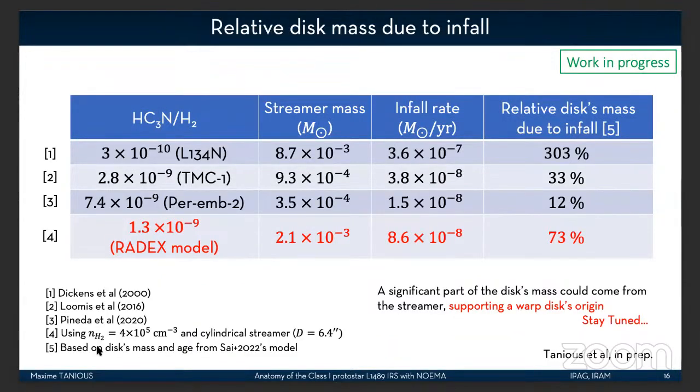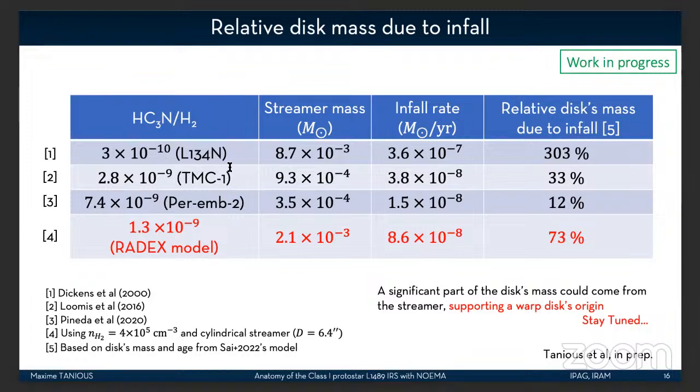And actually, the plot that I've shown you earlier is based on the literature's parameters. So the abundance is varying from 10 to the minus 10 to 7.4 10 to the minus 9, which was observed in a few stellar objects.